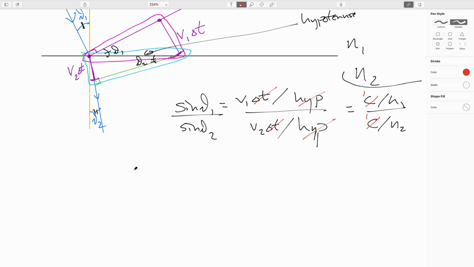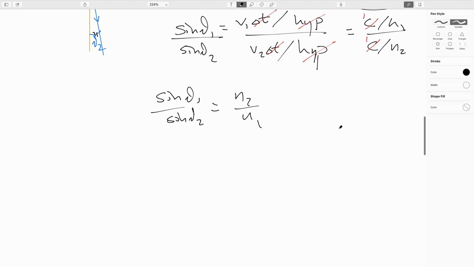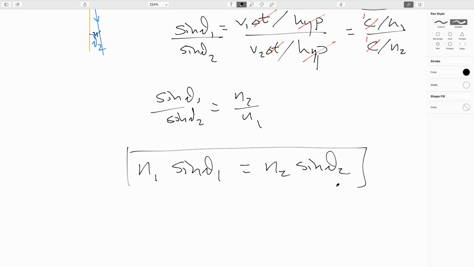And when you cross multiply this out, you end up with sine theta 1 over sine theta 2 equals n2 over n1. Sorry, rationalizing the fraction here. Then when you cross multiply, you will get n1 sine theta 1 equals n2 sine theta 2.